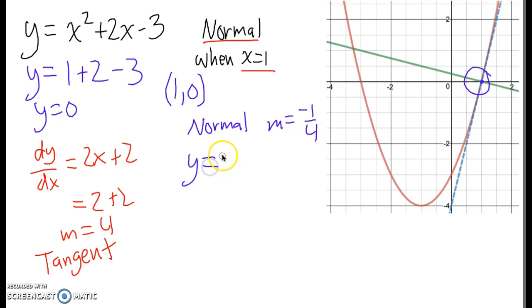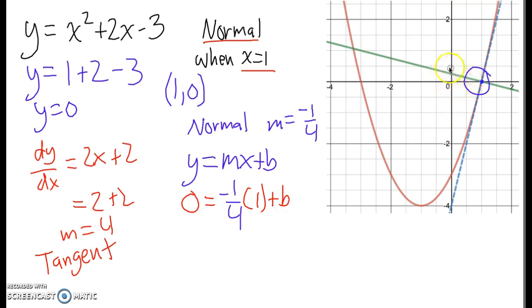So when considering slope-intercept form, y equals mx plus b, if I go to do my substitutions, my slope is negative 1/4, as seen there. My point is (1, 0), and then I'm solving once again for my y-intercept.